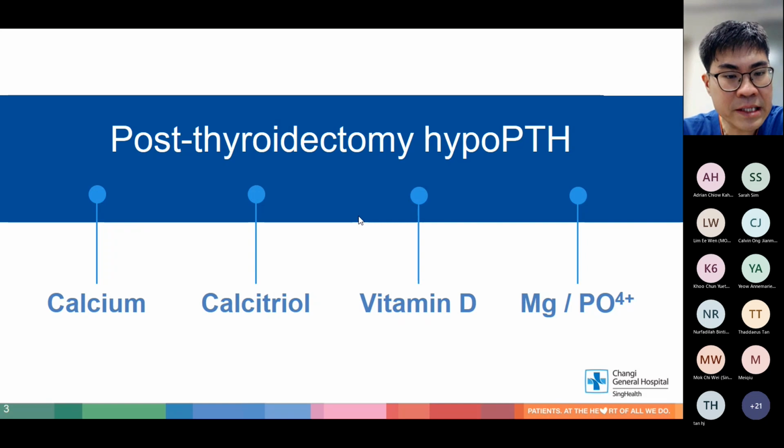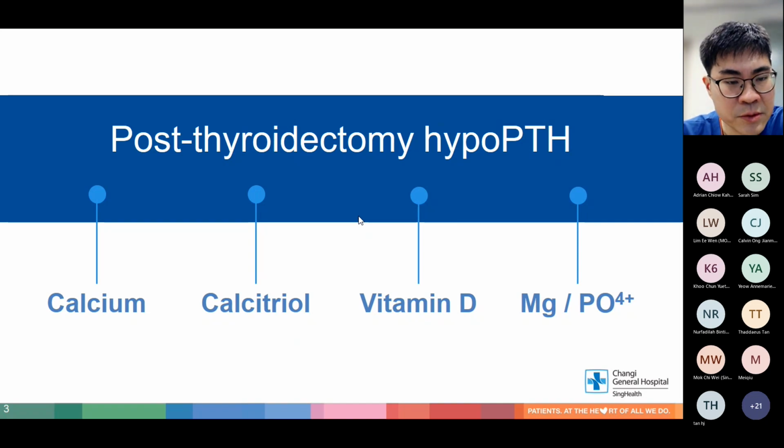Definitely the mainstay in patients who develop hypocalcemia would be to replace the calcium levels. This can be done orally, or through the intravenous route. On top of that, to aid with absorption, we do need to supplement with calcitriol. Calcium absorption occurs in the intestine, but for that to happen, it needs the activated version of vitamin D, which is calcitriol.